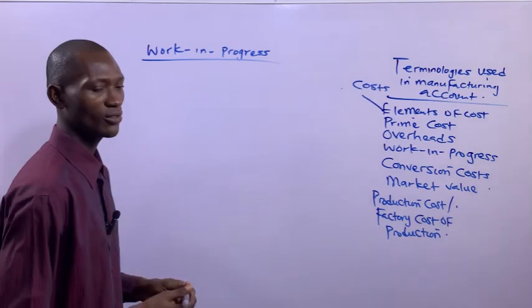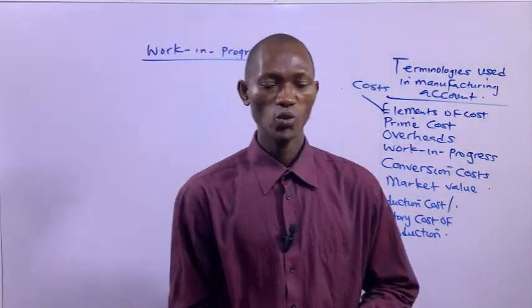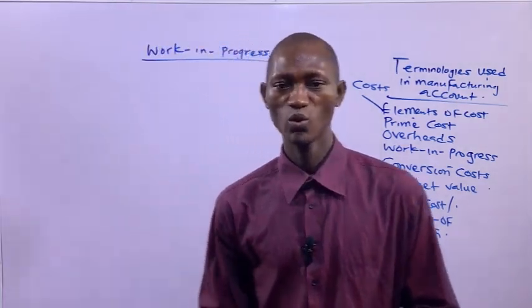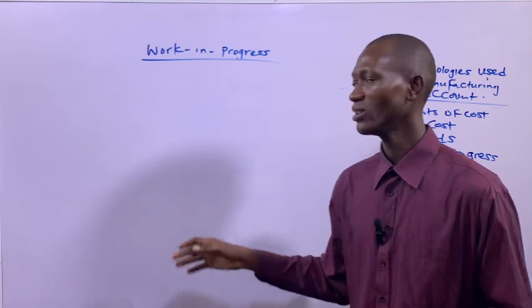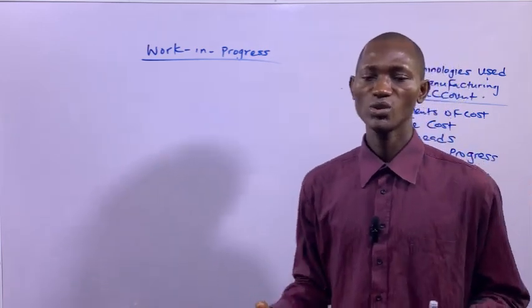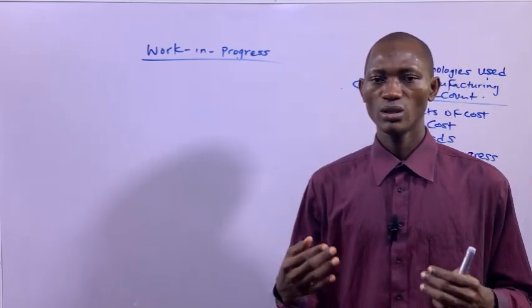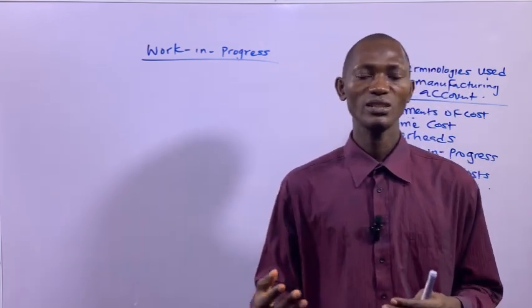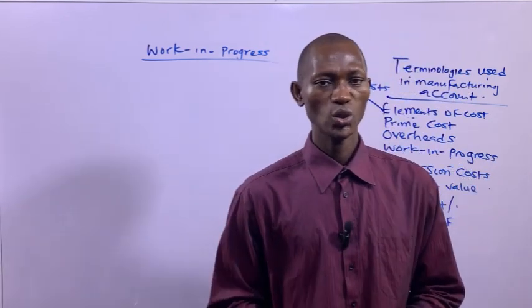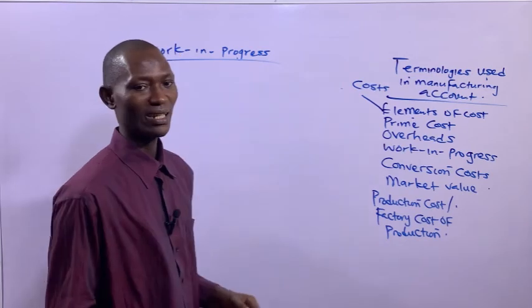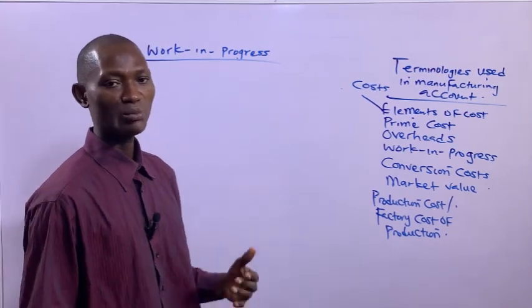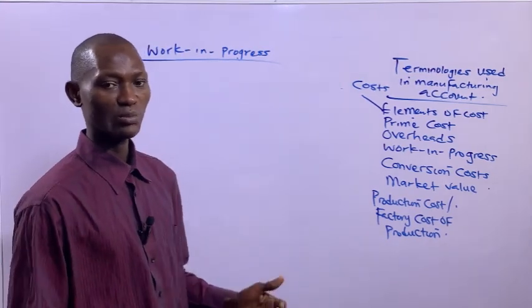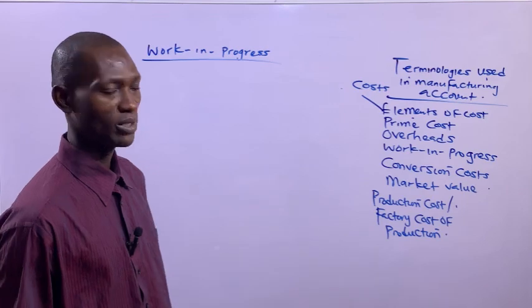So work in progress, basically from the words, are partly produced goods whose production process has not been completed. So they are regarded as unfinished products, or goods whose production has not been completed.